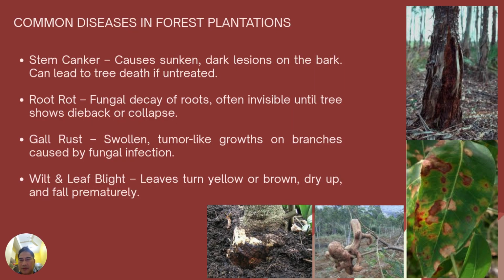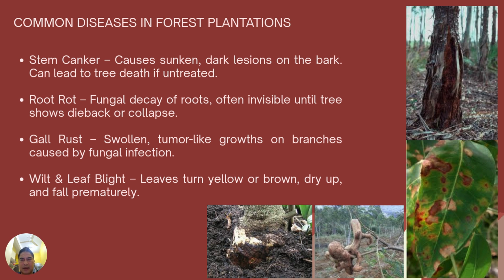So here are some of the most common diseases we see in forest plantations. First, there's stem canker, which shows up as these dark sunken areas on the tree trunk. They can eventually kill the tree if they spread. Then we got root rot, which usually happens underground and is hard to notice until the tree starts wilting or dying.